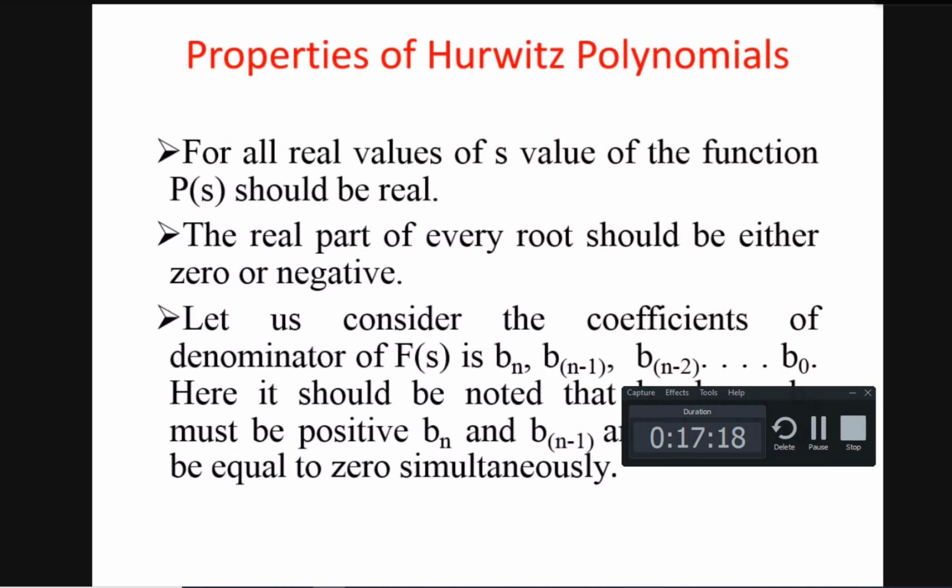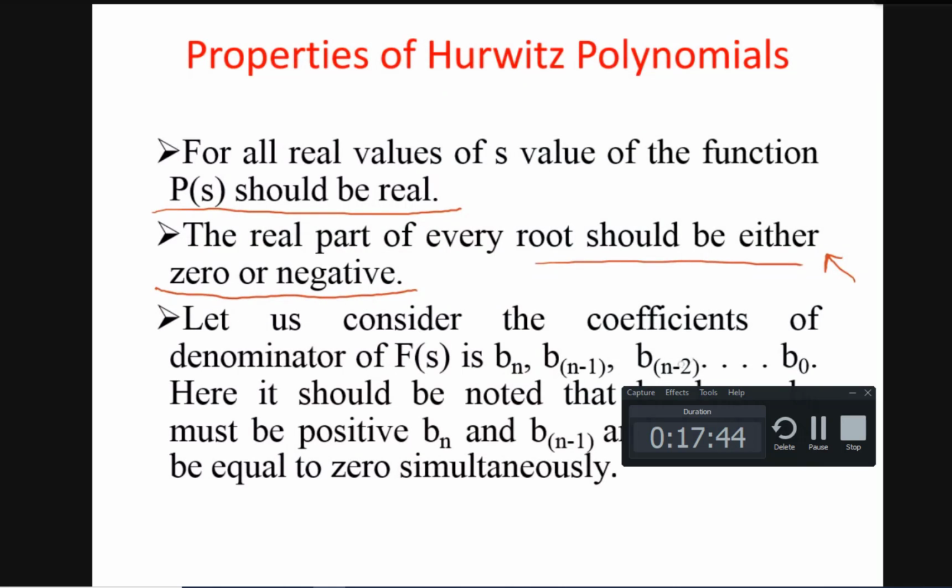Then properties of Hurwitz polynomials. For all real values of s, the function P(s), the numerator portion, should be real. The real part of every root should be either 0 or negative. This will ensure there are no poles in the right half of the S-plane.